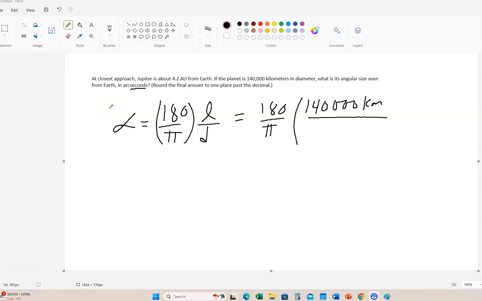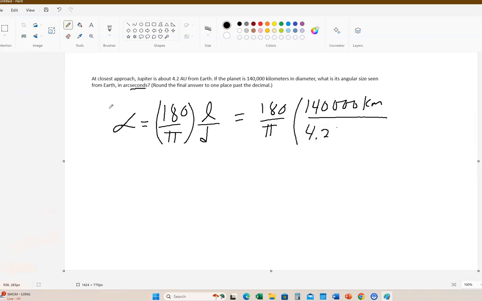All right, so to get the same units, you just have to say 4.2 AU, but of course we have to change that, and there are 150 times 10 to the 6th kilometers in 1 AU. All right, so the AUs cancel, the kilometers cancel, and then plug in the numbers, and we'll have it.